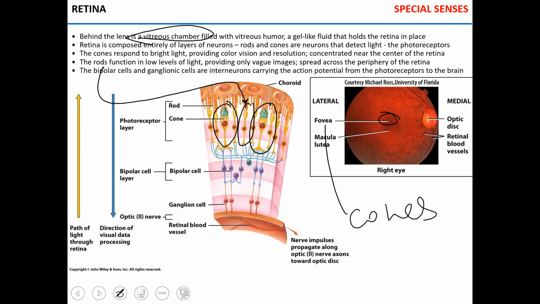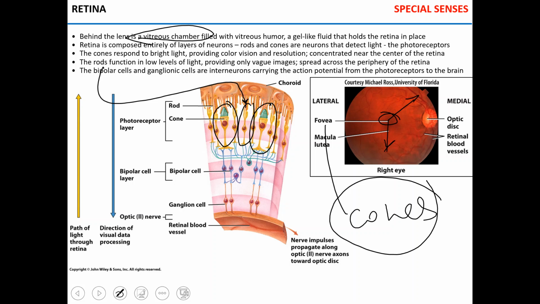This is why rods can provide only grainy, vague images, and as you move from fovea to the periphery of the retina, the number of cones decreases while number of rods increases. So again, fovea is the place with the highest visual acuity of the retina because it has only cones.